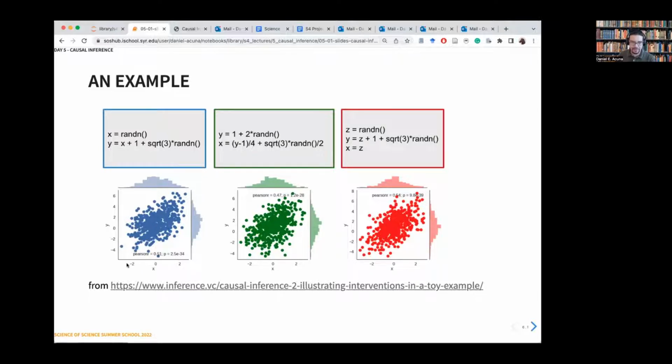So you might be tempted to say that X is causing Y. If I have a subject, let's assume a person, with this value of X, and I increase it, then the value of Y of that subject will increase. The same here. You might be tempted to make those inferences.